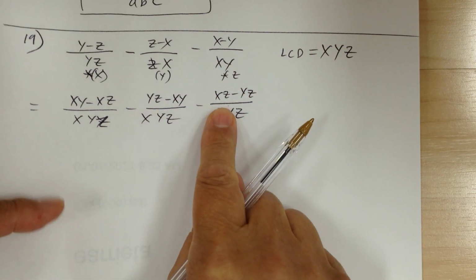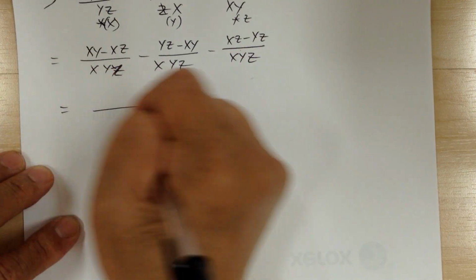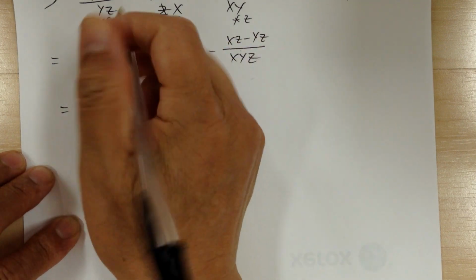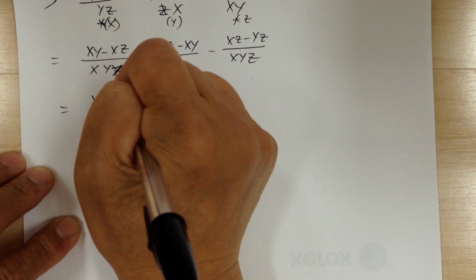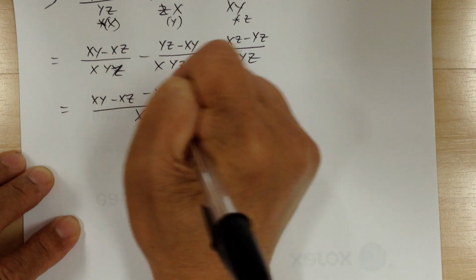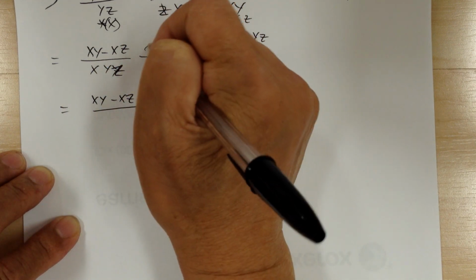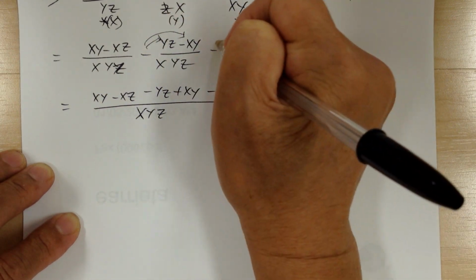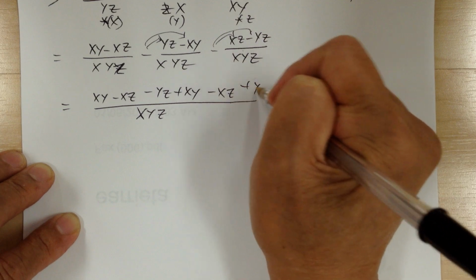Now there's subtraction, so you have to be very careful with the subtraction. You're going to do one more step by changing the signs. So you get xy minus xz minus yz plus xy. Right, you have to distribute. Minus xz plus yz.